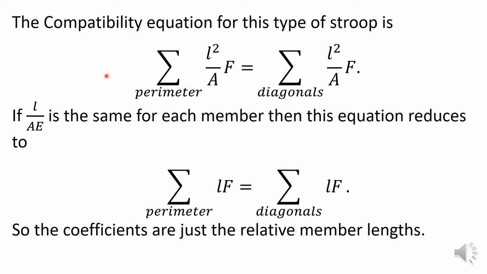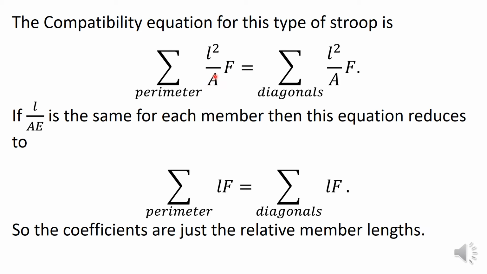So I'm just writing down the form of the compatibility equation here. It's a summation of terms. The terms are of this form: the length of the member squared times the force in the member over the area of the member. I should really have an E in the denominator for each member, but assuming all of the members are made of the same material and the E's are the same, I just factor them out and cancel.